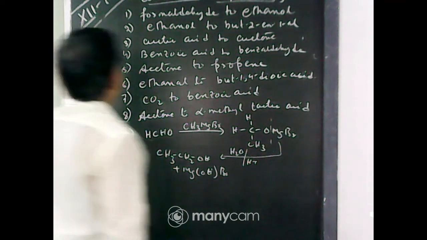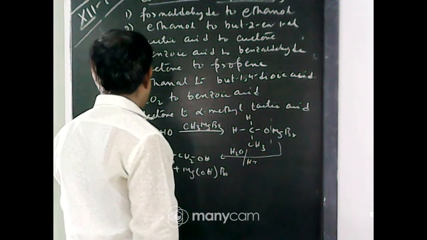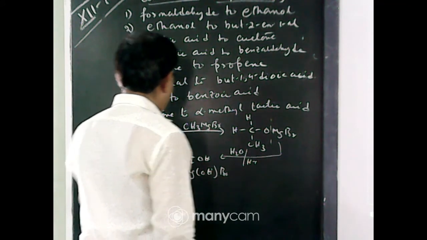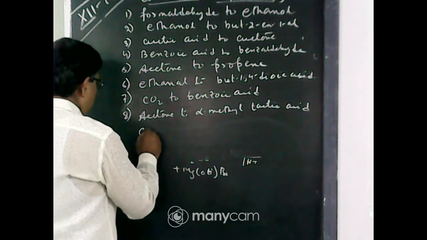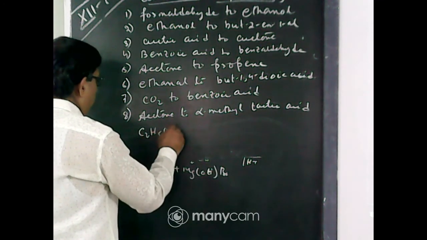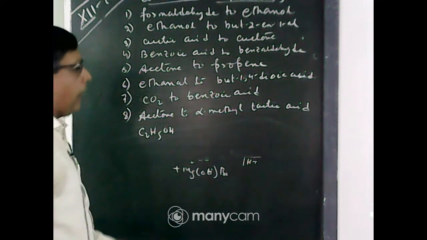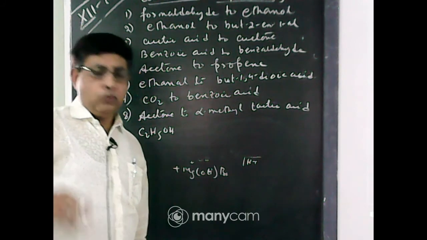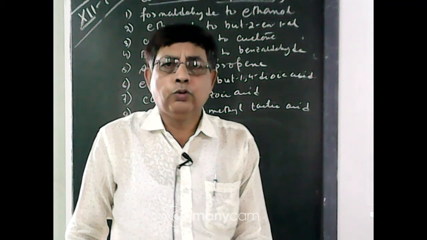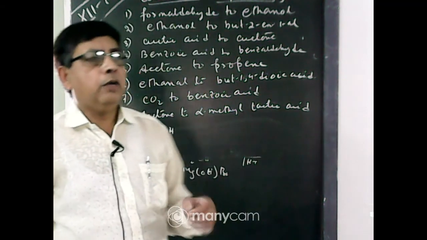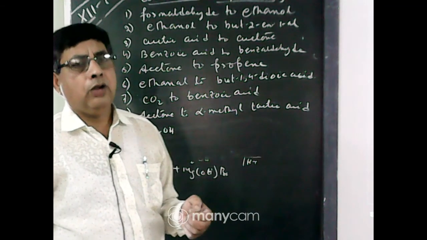Now next, ethanol to but-2-en-1-al. What is the formula of ethanol? C2H5OH. But-2-en-1-al has carbon number 4, so you have to double the carbon number from 2 to 4. To double the carbon, either Wurtz reaction or aldol condensation.